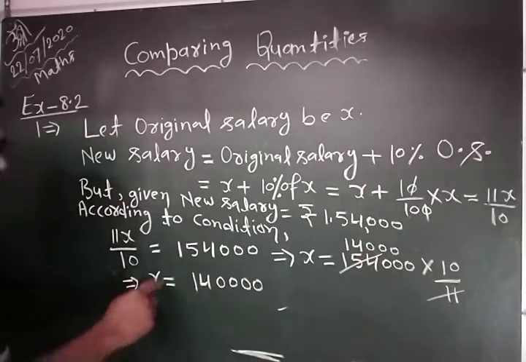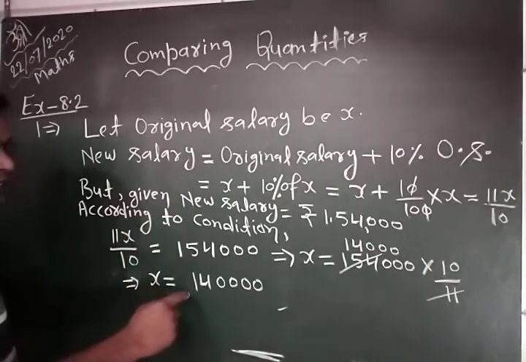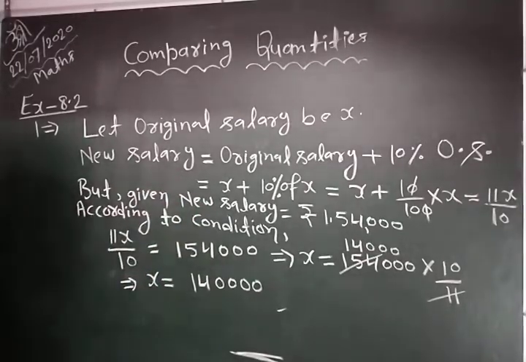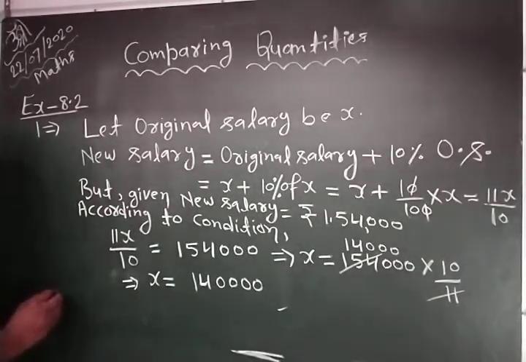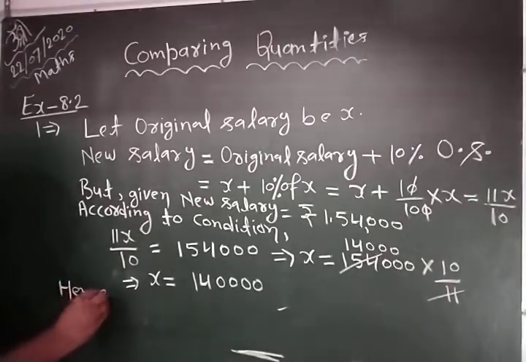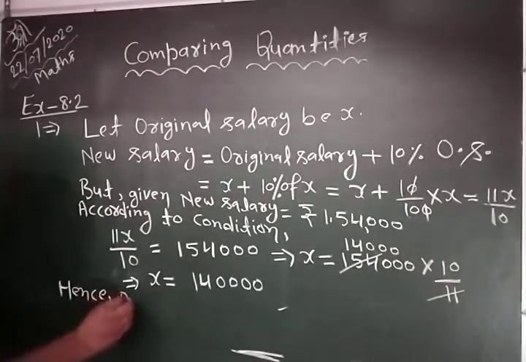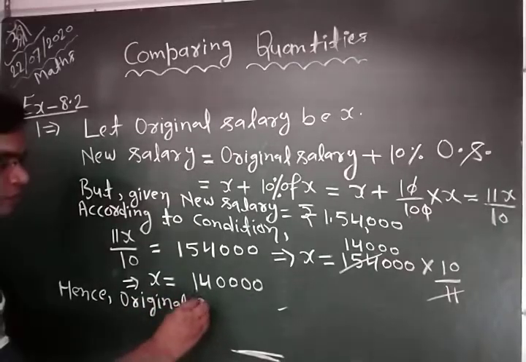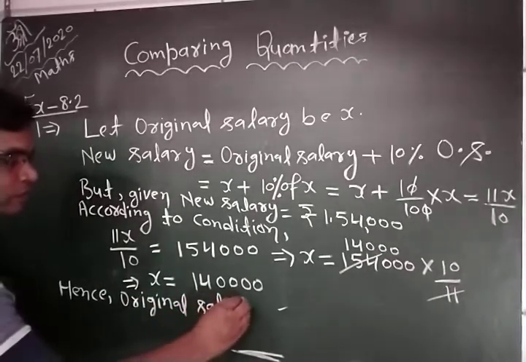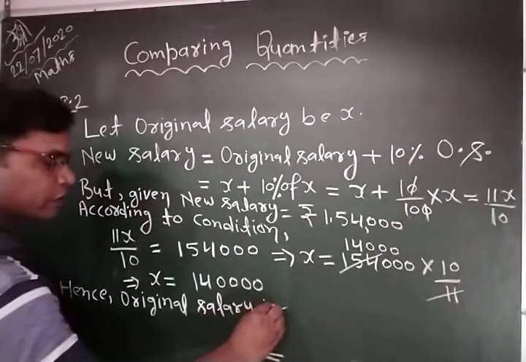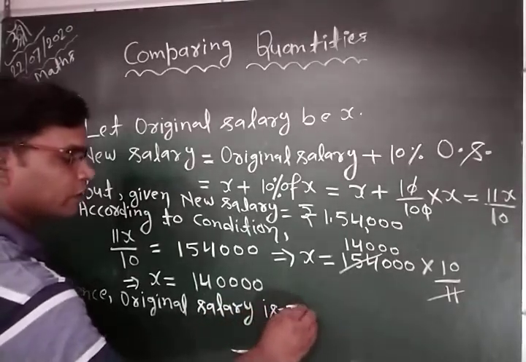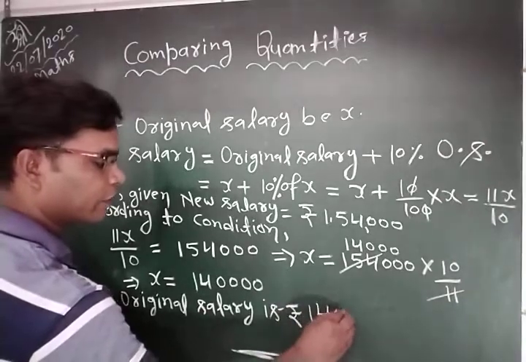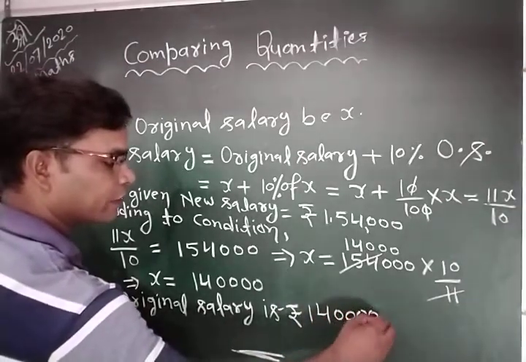So we find according to this condition the value of x is equal to 1,40,000. At last we can write here, hence original salary is rupees 1,40,000. Clear?